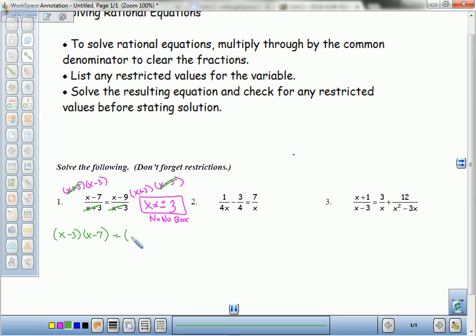On the right side, we're left with x minus 9 times x plus 3. So we have some distributing to do. We're going to distribute over here, and we get x squared minus 7x minus 3x plus 21.